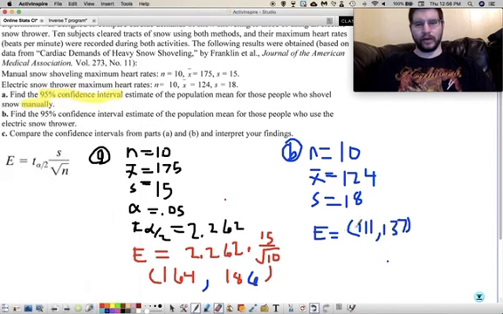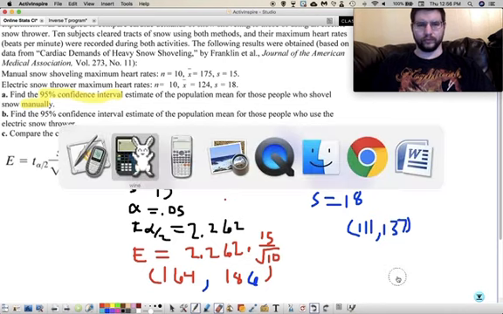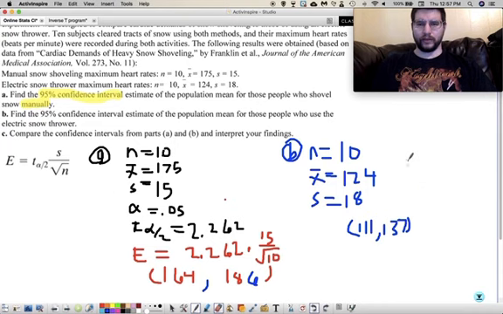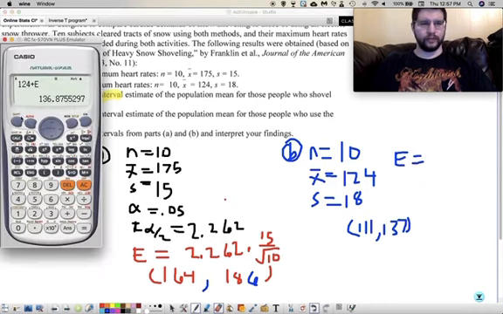So if we compare our confidence intervals, I'll put E here. We found E to be 12.9.